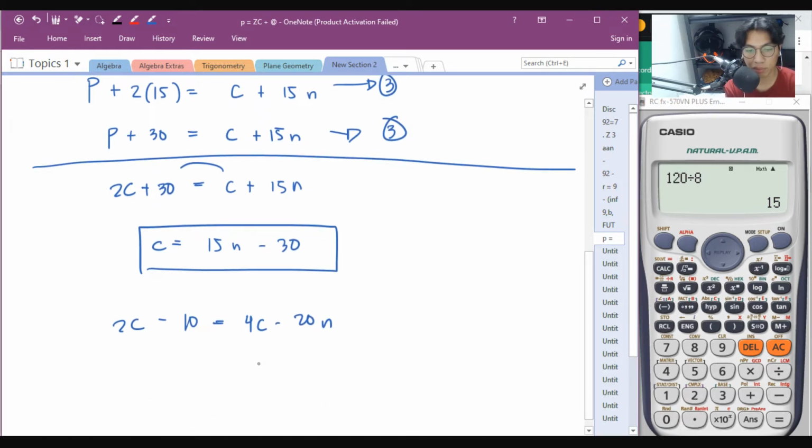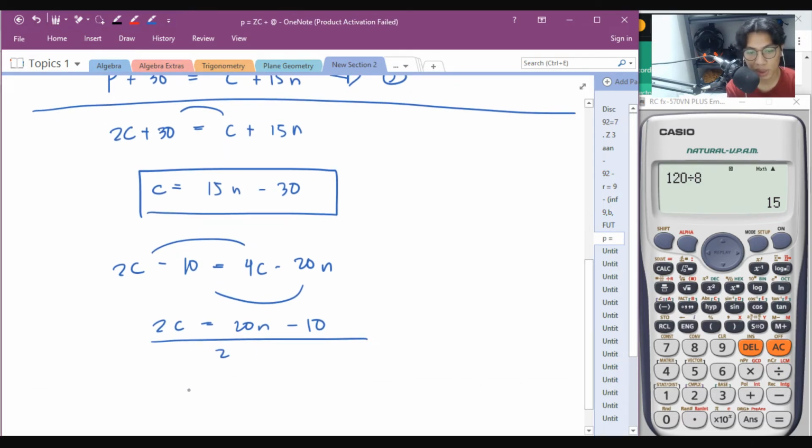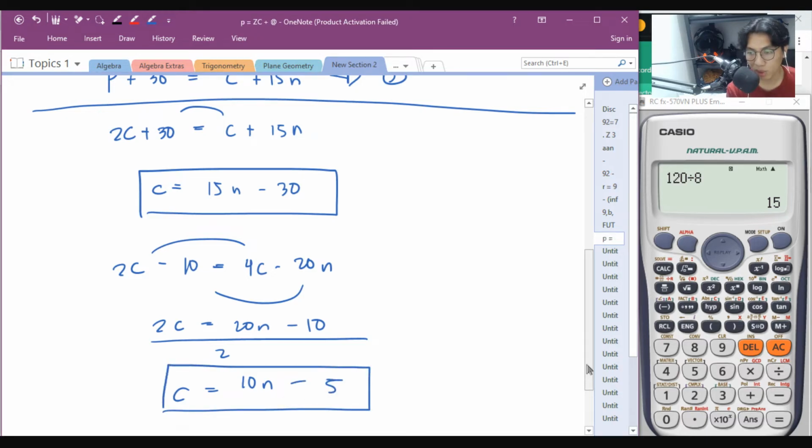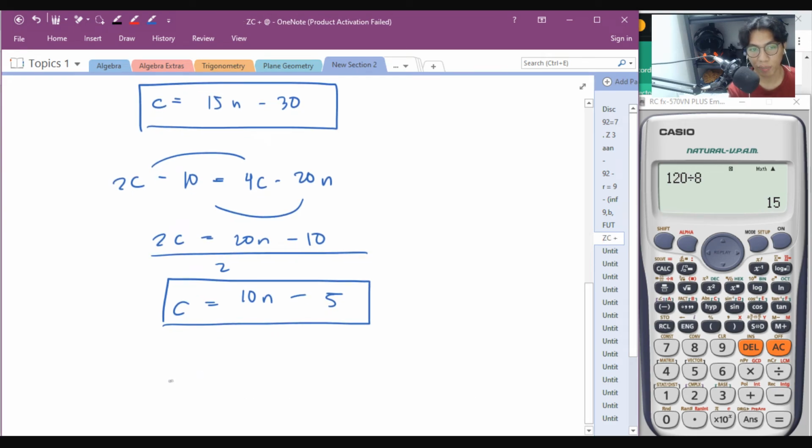Pagsamahin ko yung dalawa, tsaka ito. So, 4C minus 2C, tapos 20N minus 10. Okay. Divide na lang natin ng 2 para ma-simplify. C will be equal to 10N minus 5. O, meron na naman ako another equation. 2 equations, 2 unknowns. Okay?